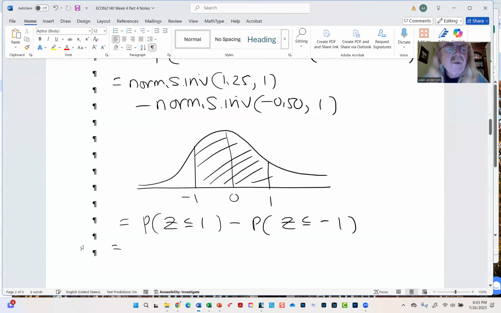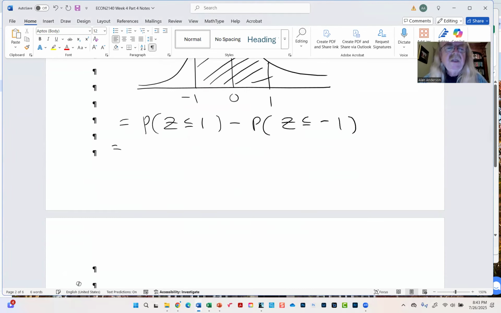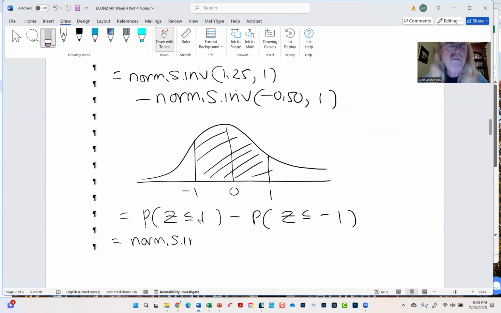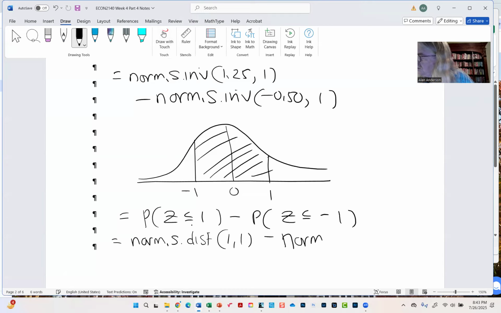Based on what we just did, it should be clear that we're going to do norm.s.dist 1 comma 1 minus norm.s.dist.